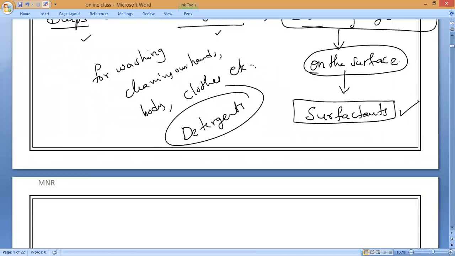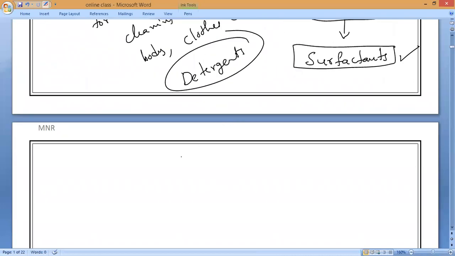That is why detergents are classified into two types. Remember, detergents means all the cleansing agents.